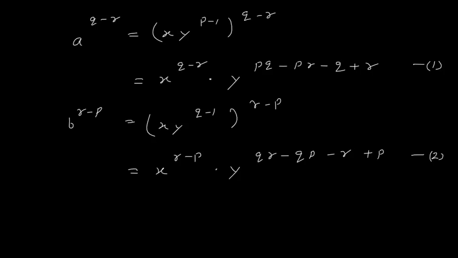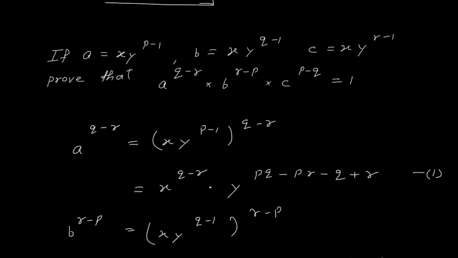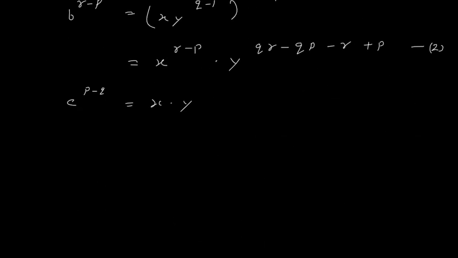And similarly we have C power p minus q. So C power p minus q will be x into y power, what is C, r minus 1, the whole power p minus q.